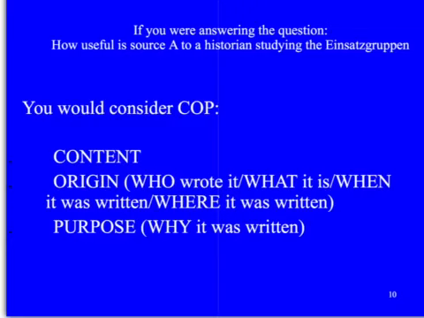As I said, to answer this type of question, we're going to use COP, which stands for content, origin, and purpose. Content is what the source tells us. Origin is where the source comes from, who wrote it, what sort of source it is, and when it was written.